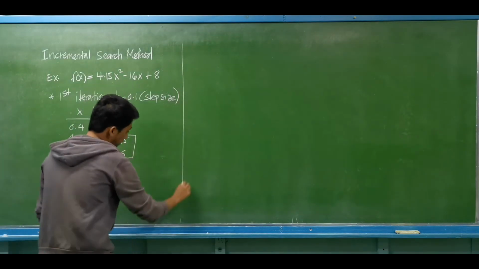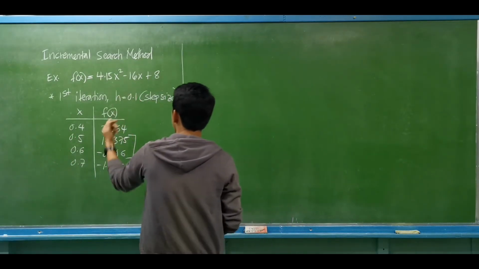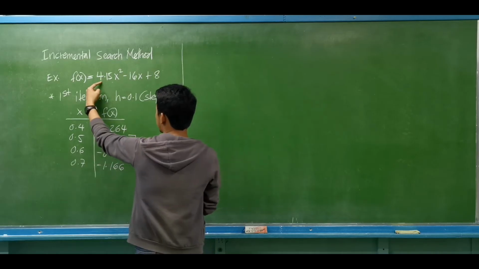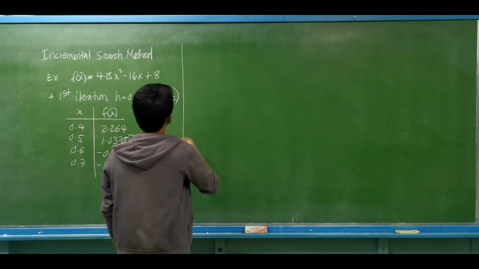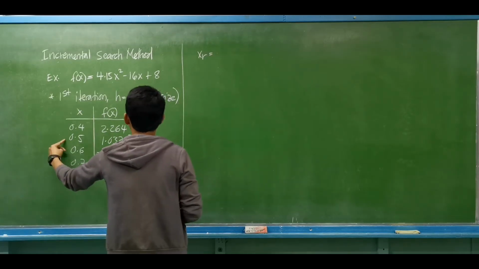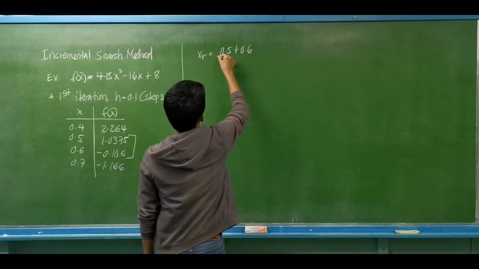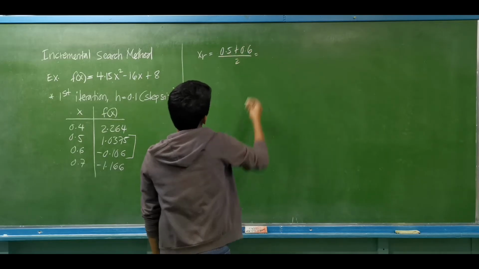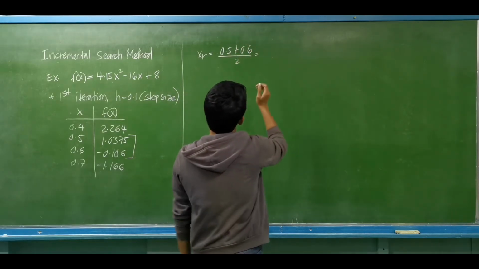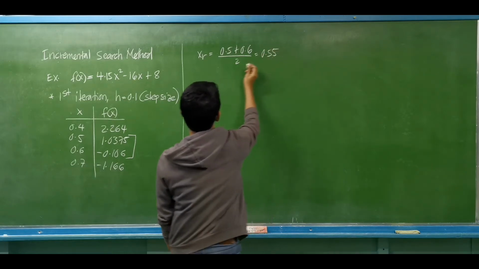To decide on one value of the root of the function for the first iteration, we can take the average of this range: 0.5 plus 0.6, which is 1.1, divided by 2, gives 0.55.